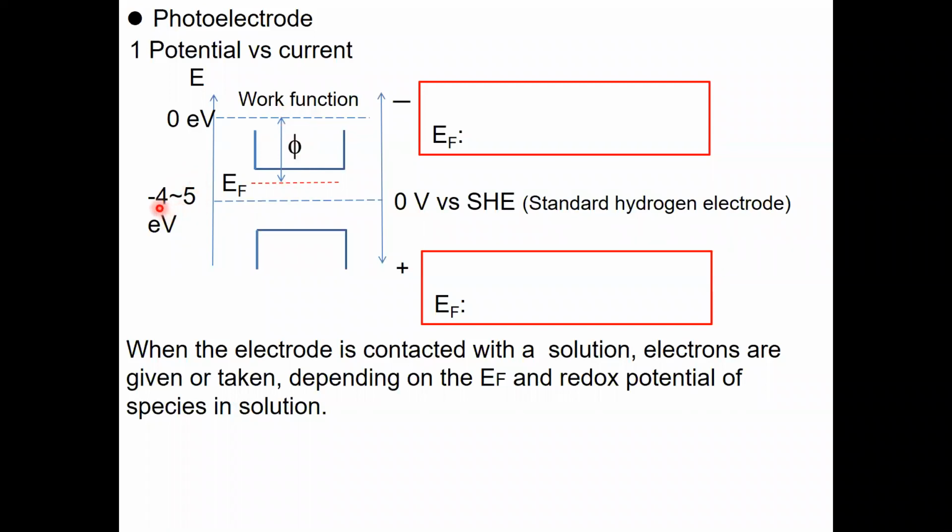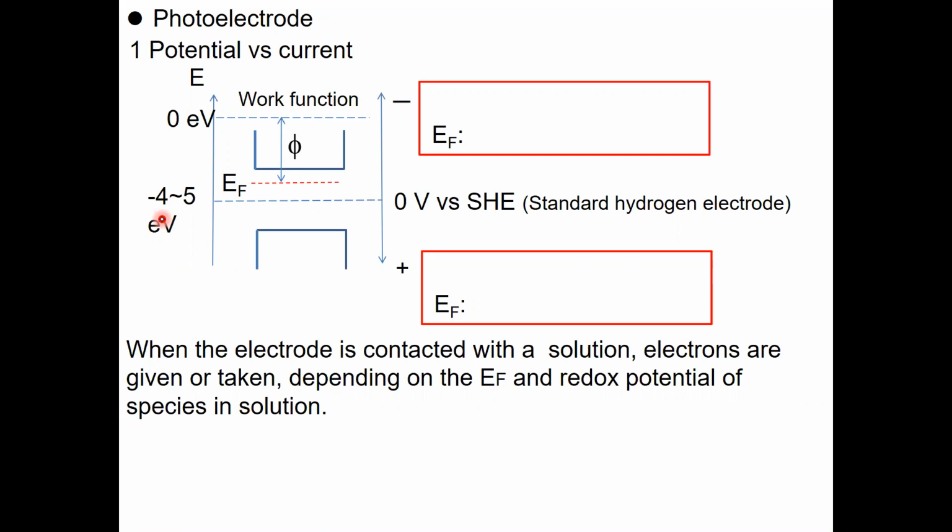By custom, it is used as a negative value. But anyway, you need 4 or 5 electron volt to extract the energy to the vacuum level.